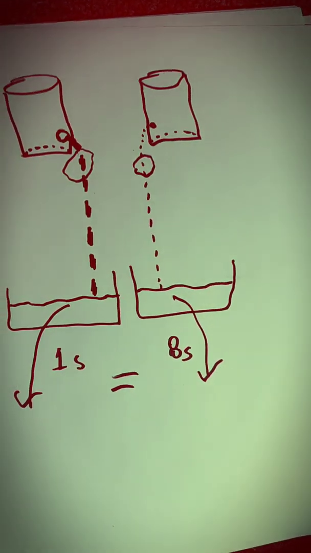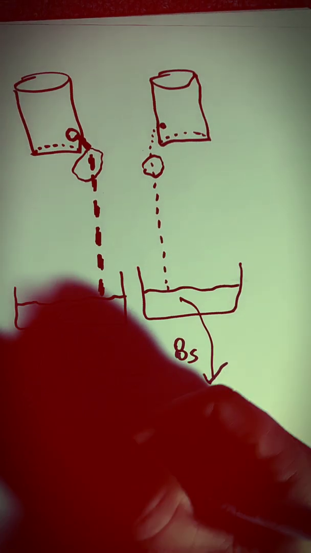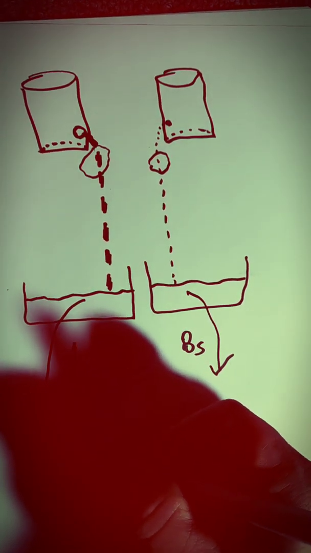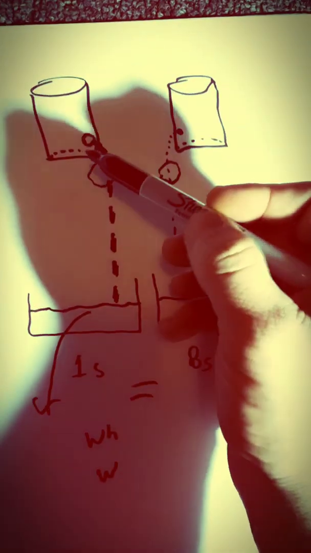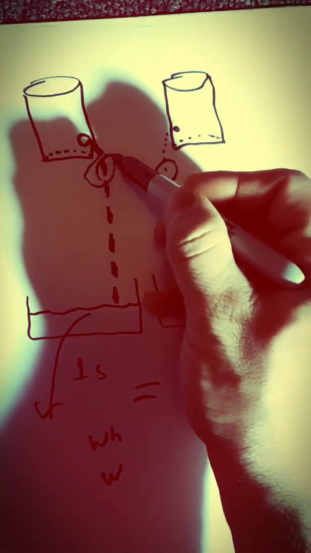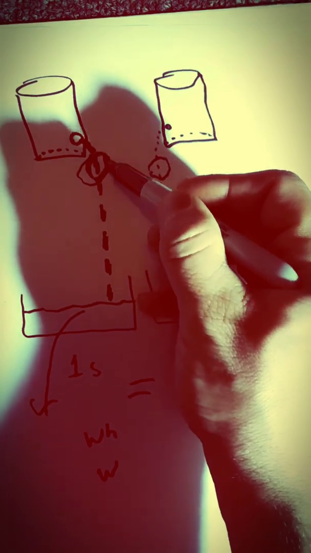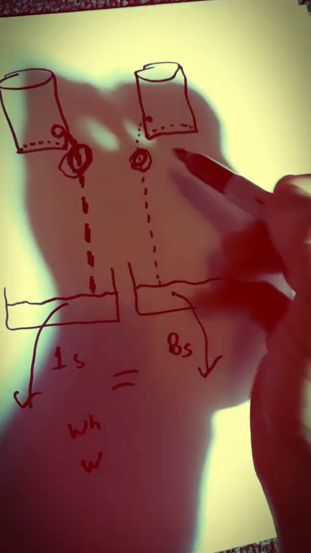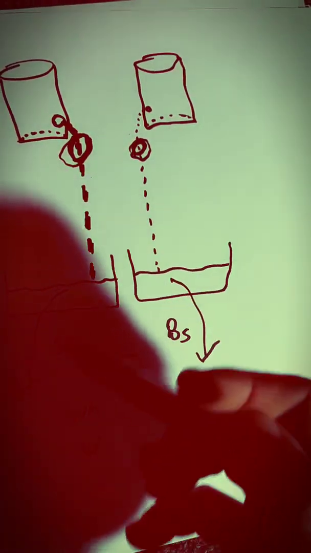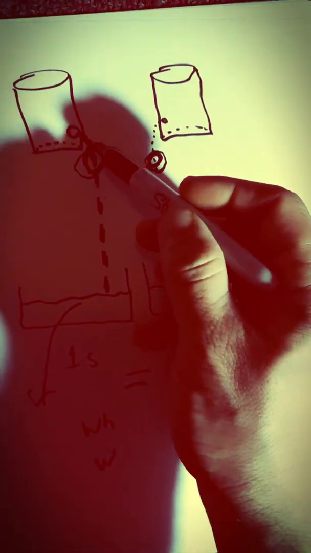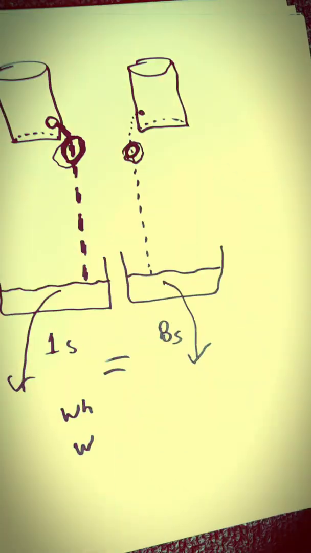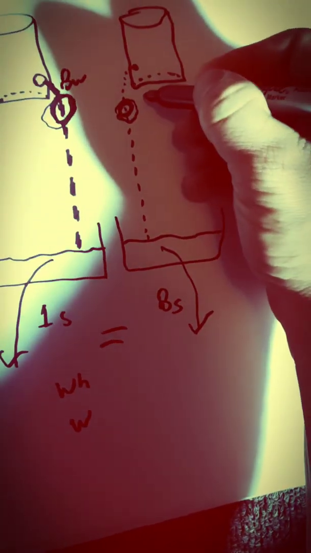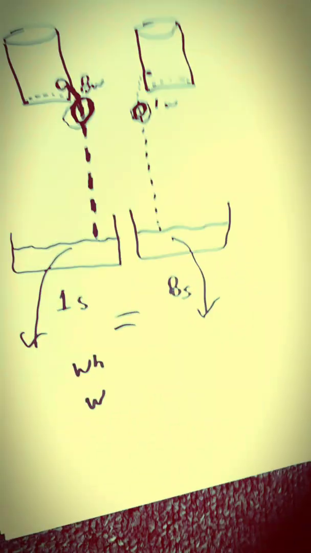But I hope you guys can see the connection there of why we pay for a watt hour and why we don't pay for a watt. A watt would be analogous to how big each one of these droplets are. This might be 1,000 watt. This might be 100 watt. In this analogy, this could be 8 watts and this could be 1 watt.